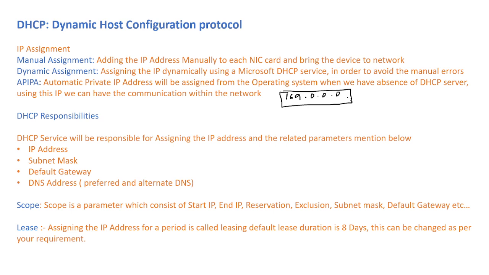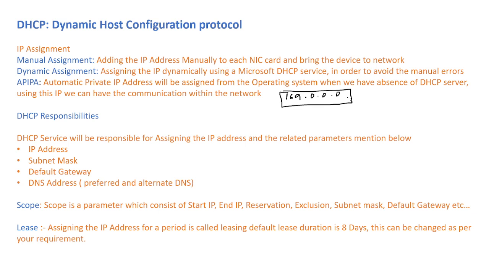Then the subnet mask; according to the class of the IP address, the subnet mask will be assigned automatically. Then the default gateway. The default gateway is mandatory because all your traffic coming inside the network and going outside of the network goes through the gateway only. So the gateway is very, very important. And then DNS. You are already aware of DNS.